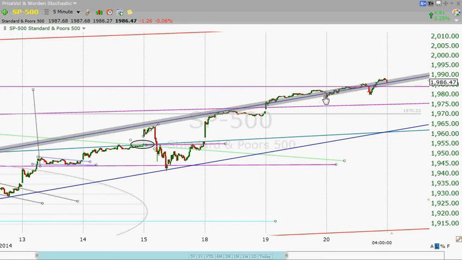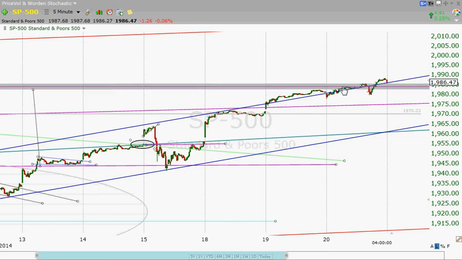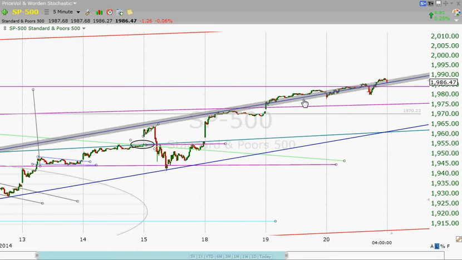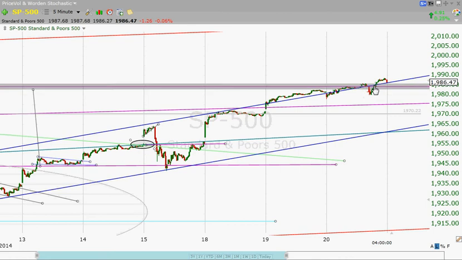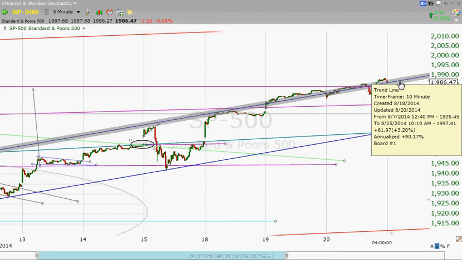Okay, so we opened underneath it, but by golly, the S&P said, no, I want to get back over this line. Had a little hiccup late in the day of roughly 4 or 5 points, nothing really, 1/3%, not even that much. And then we got back over that line again.